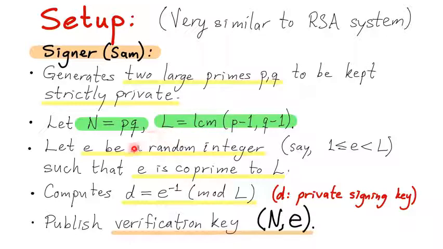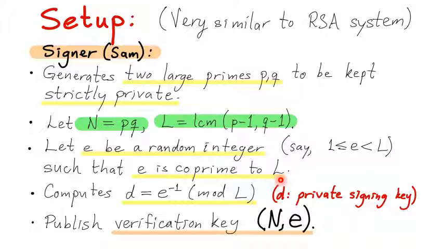Now, the next ingredient is the choice of a random integer E that is coprime to L. We can always take it in the range from 1 through L, but E has to be coprime to L. That is very important.